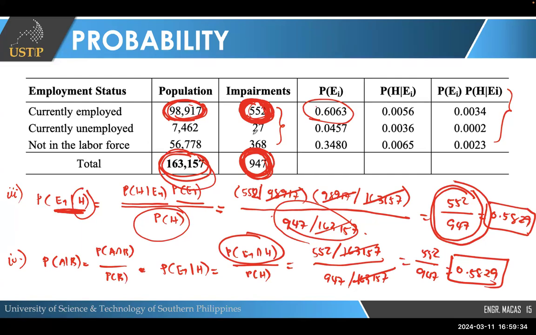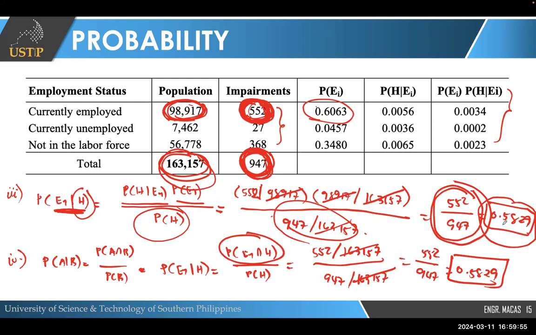Pero, kung given nga naa siya hearing impairment, ang probability class, as you can see, it's slightly decreased. 0.5829 na lang. And of course, daghan factors, pero it could be that kung naay hearing impairment, dili siya employable or dili siya ma-employed dali, di ba?